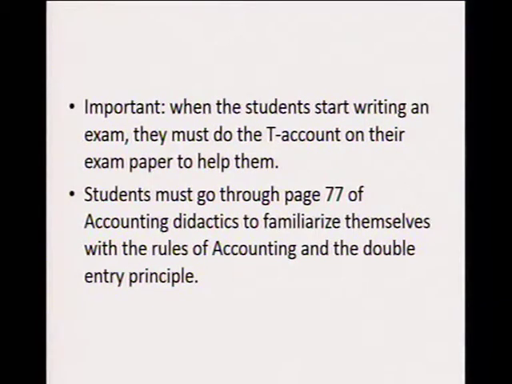For example, I'm only going to touch the first one and then the rest you can go on your own. Like the capital contribution, if you read a transaction on capital contribution, they'll tell you the influence: the asset, which is the bank, will increase, and then the capital, which is the owner's equity, will increase.